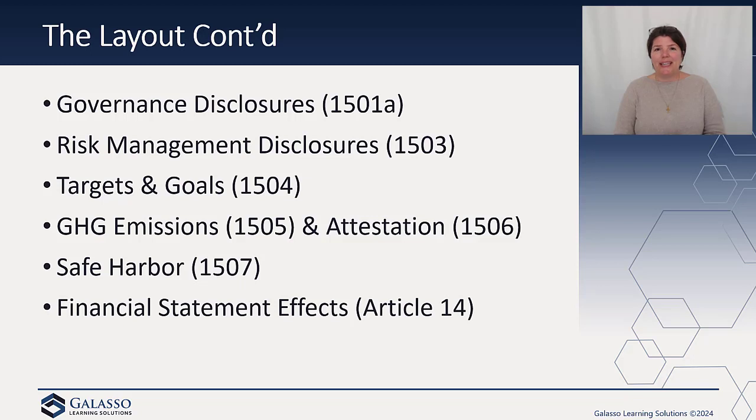They also have governance disclosures, risk management disclosures, if you set targets or goals, and then what everyone wants to talk about, the greenhouse gas emissions and attestation standards, and then our safe harbor, because again, a lot of this is forward-looking information like our targets and goals. And then the financial statement effects, right? There's a whole section on how certain natural disasters have impacted the financial statements.